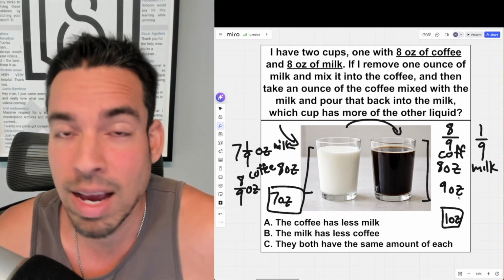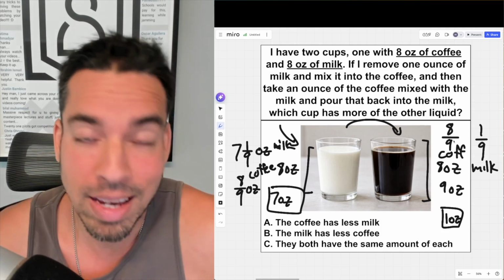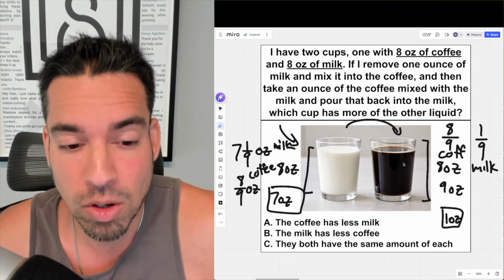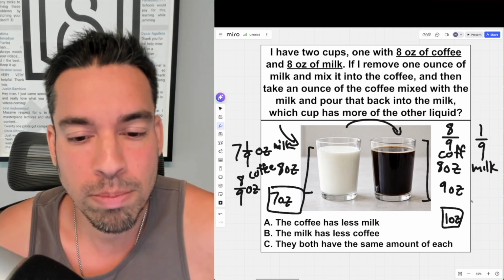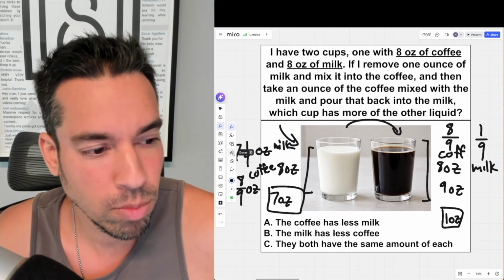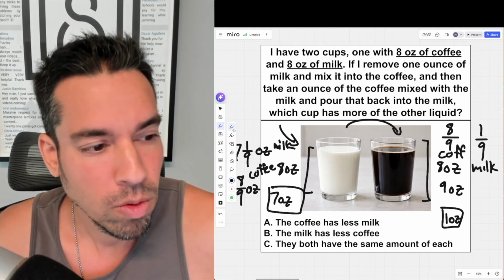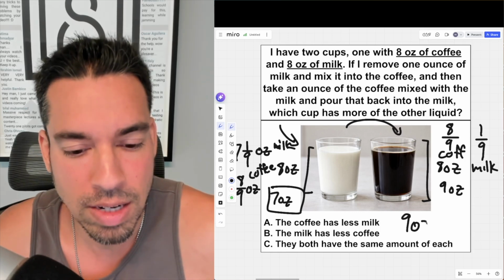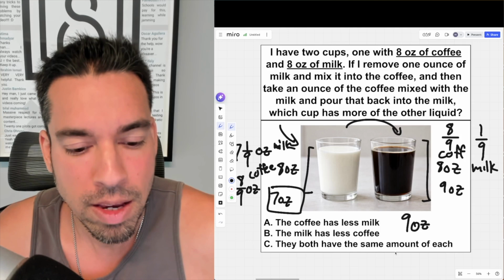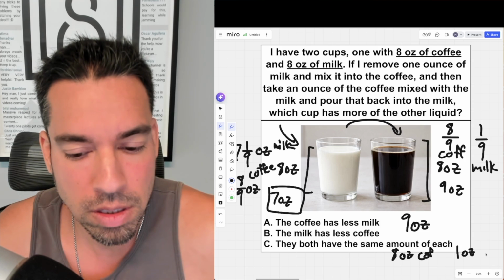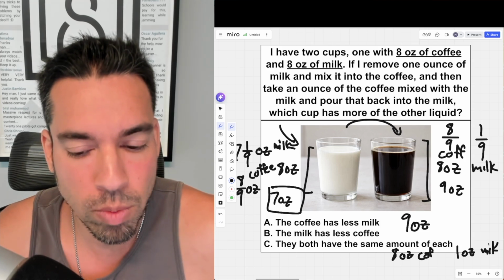So we've taken out that ounce, and that ounce contained, again, 8/9 ounces of coffee, 1/9 ounce of milk. So we're subtracting, okay? We've got this whole mixture here that consists of 9 ounces total. And again, 8 of those ounces are the coffee, and 1 of the ounces is milk. So what did we say we took out?